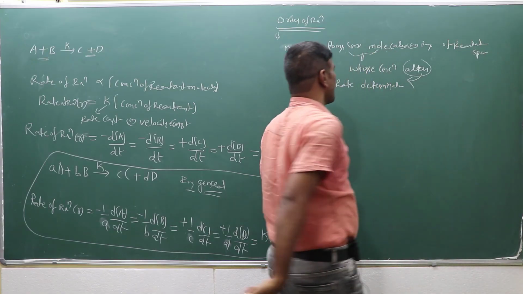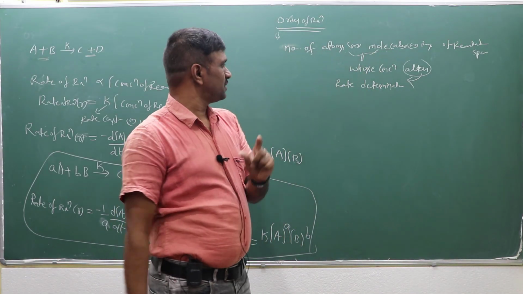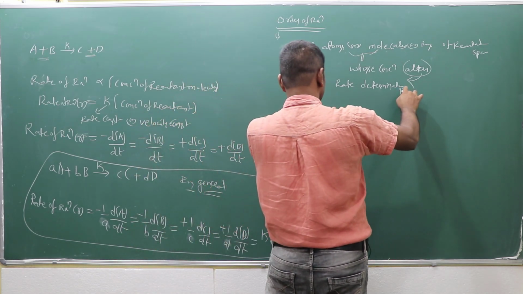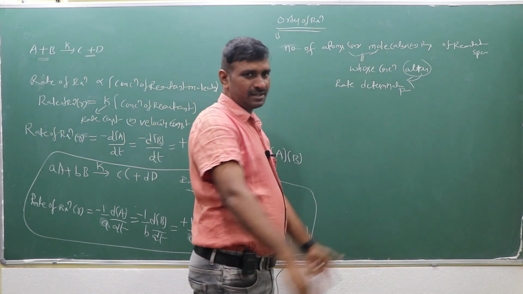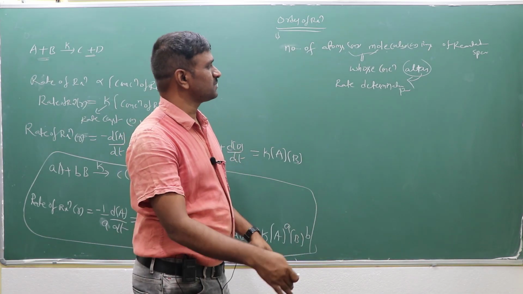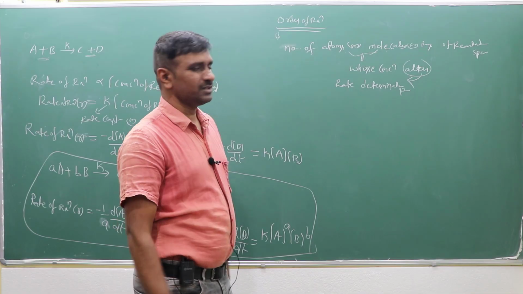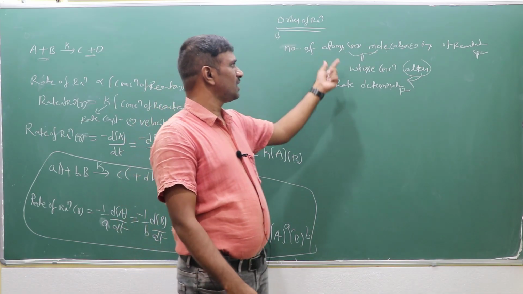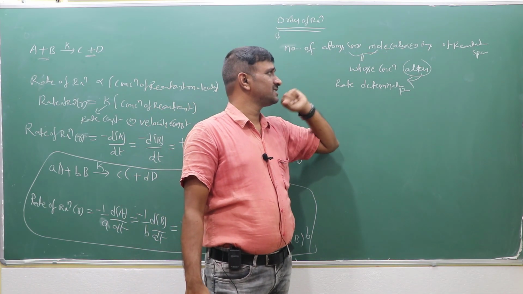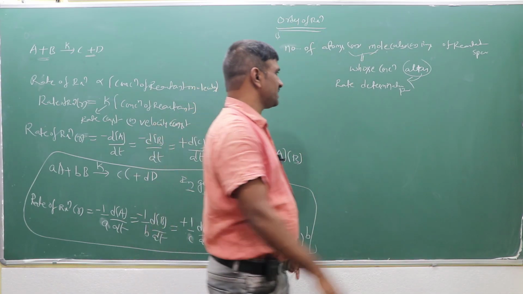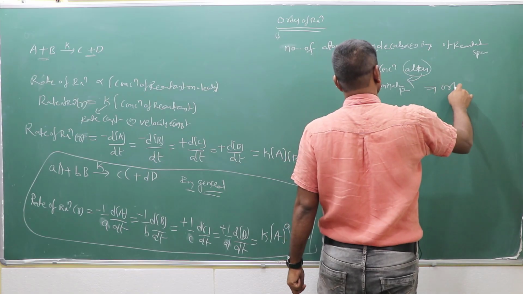Reactant species whose concentration is altered during the rate determination process. How can you determine the rate? During the course of the reaction, the molecules or atoms or ions whose concentration is changed, that number is called the order.